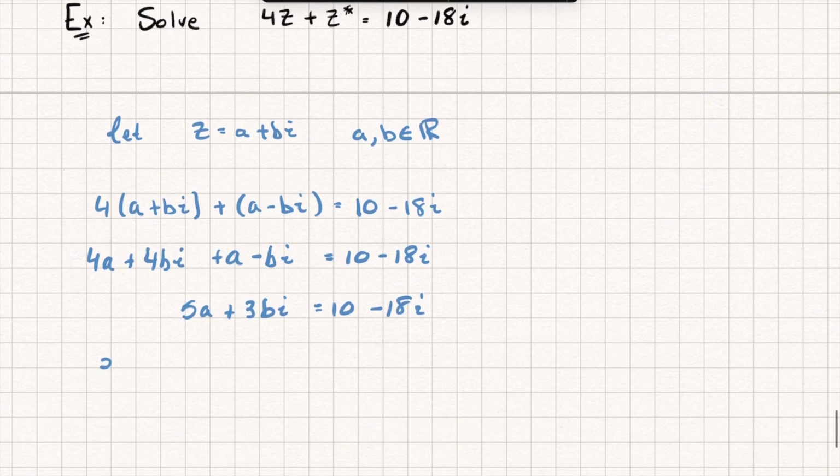So I know that 5a must be equal to 10, and so a must be equal to 2. And I also know 3b must be equal to negative 18. Dividing both sides by 3, I get that b must be equal to negative 6. And so this gives me a solution for z, which is equal to 2 minus 6i.